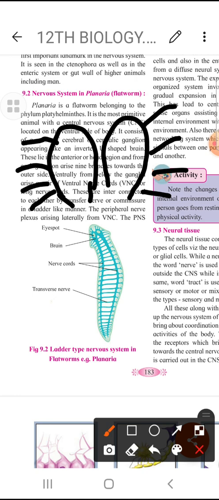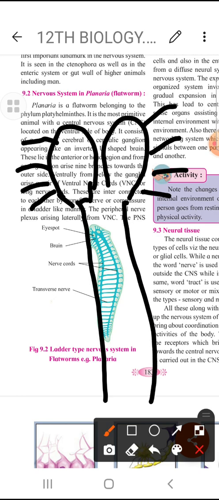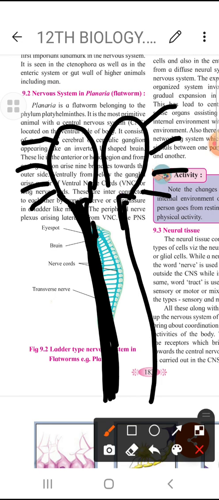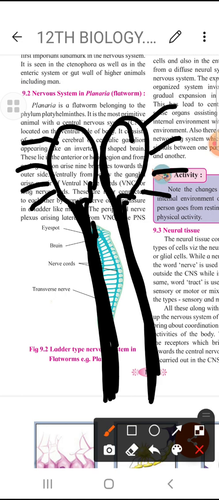And from this brain you have got nerve cord. Okay, so there is nerve cord that is coming down, so that's little more thicker. So this is how the nerve cord looks like. How many nerve cords are there? 2 nerve cords are there attached to the brain.